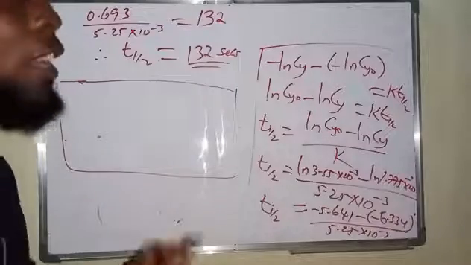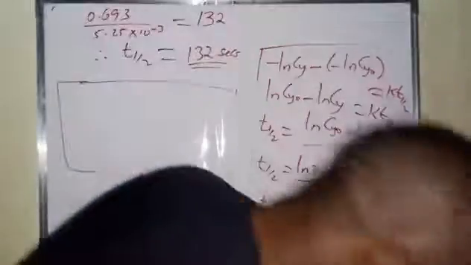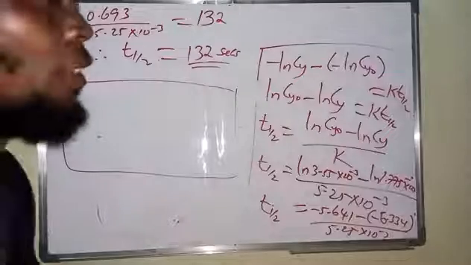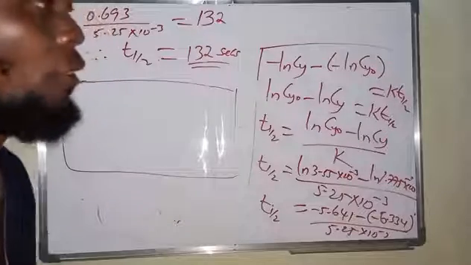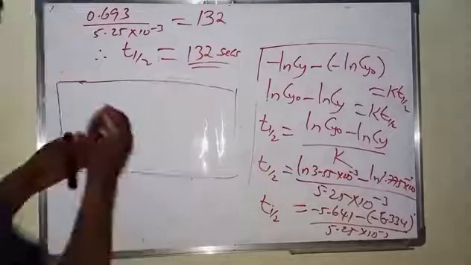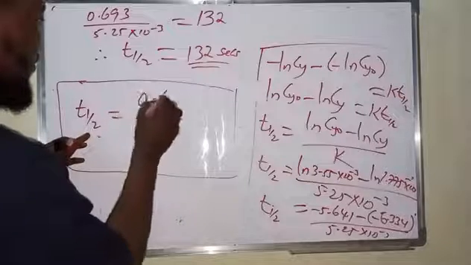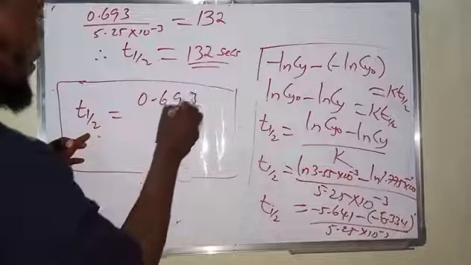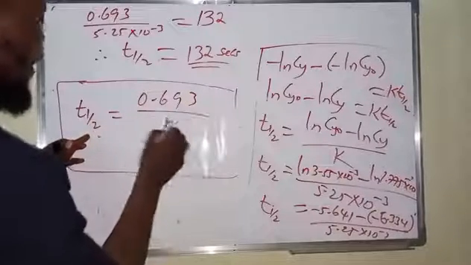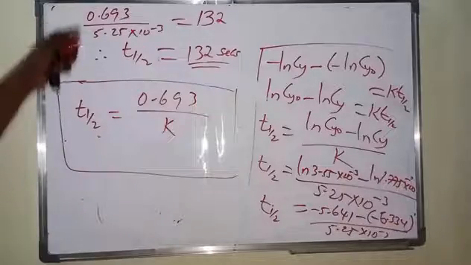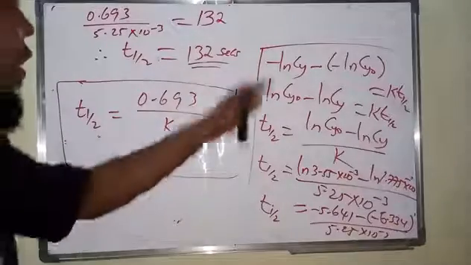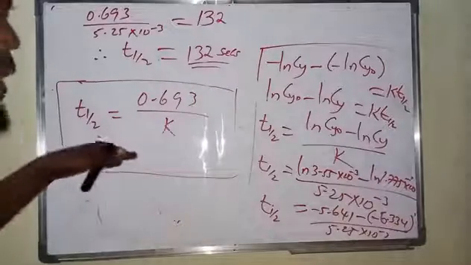If you have to find the half life of a first order reaction, simply use this formula. The half life will be 0.693 all over the rate constant, just like what we got here. So the whole of this will summarize into this.